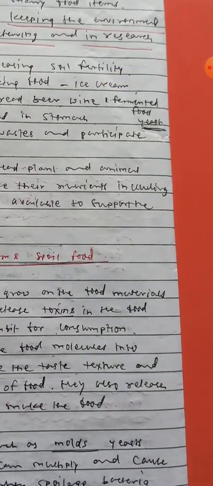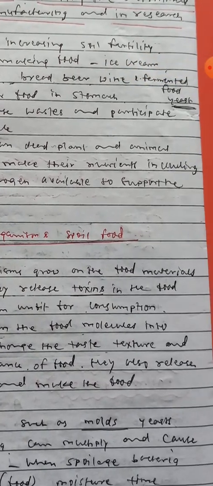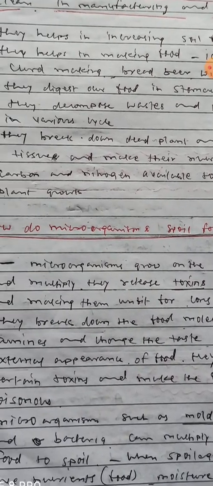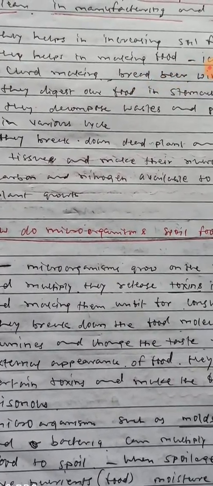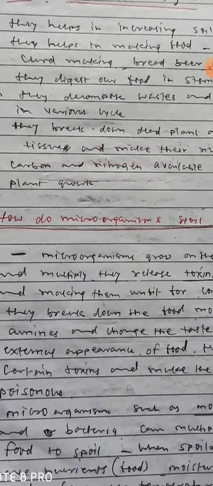Microorganisms grow on the food material and multiply. They release toxins in the food. While they grow in the food, they eat the food, and simultaneously they release toxins in the food, making it unfit for consumption. Means we should not eat that.